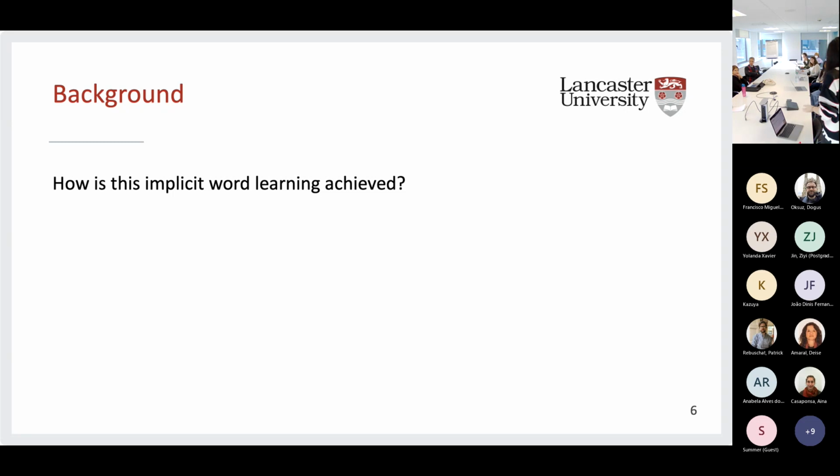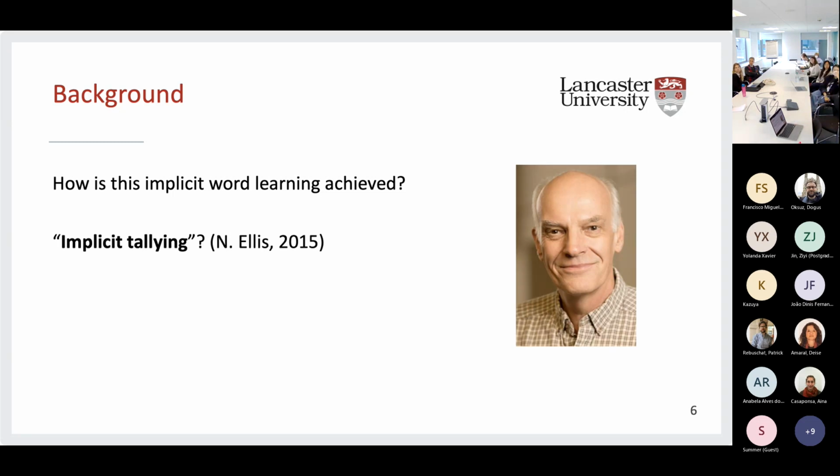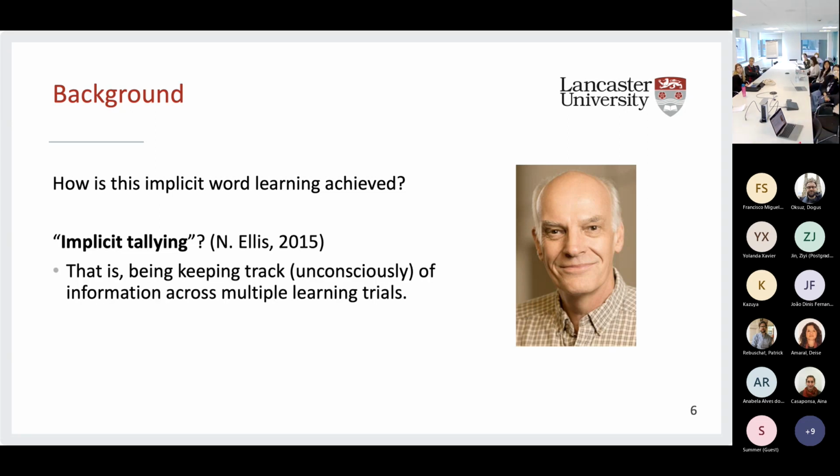Given these difficulties, how is this implicit word learning achieved? One possibility, suggested by Nick Ellis, is implicit tallying, which means learners can keep track of linguistic information across multiple learning trials, usually as an unconscious process.